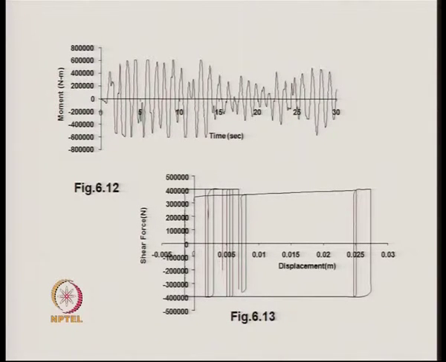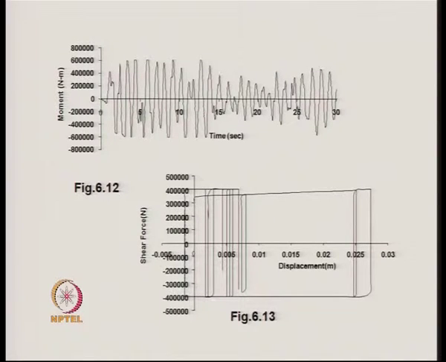For the second case, where we had a bilinear curve representing the force displacement relationship, the bending moment plot shows that at the peaks the values are not remaining stationary over the delta t time. It is slightly inclined, showing a small variation, because of the stiffness that we find after the yielding, the stiffness represented by Kd.